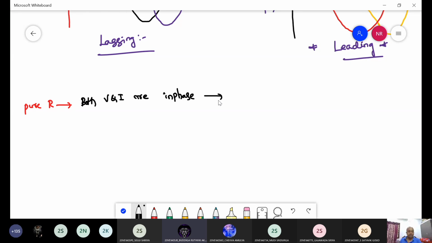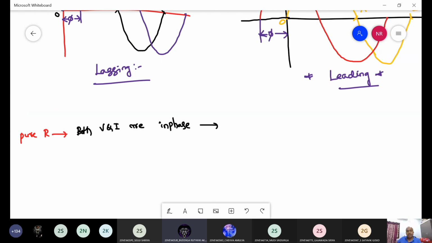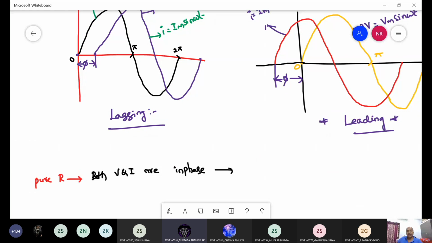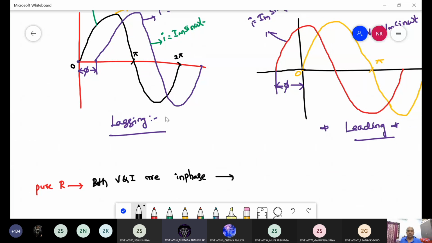Sir, one doubt. Like in the above graph, the voltage is starting first, no, sir? Initially the voltage started, so with reference to I, V is leading, sir.